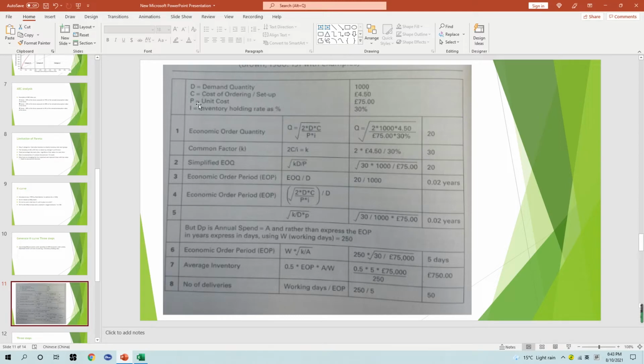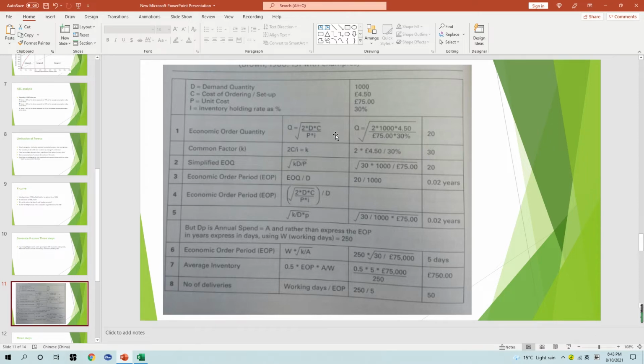Let D be the demand quantity, C the cost of ordering, P the unit cost, and I the inventory holding rate. So again, we have shown this EOQ formula is the square root of 2 times demand quantity times cost of ordering divided by unit cost times inventory holding rate.